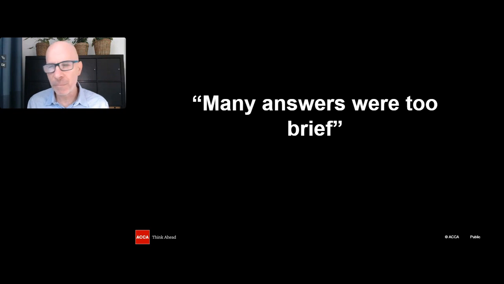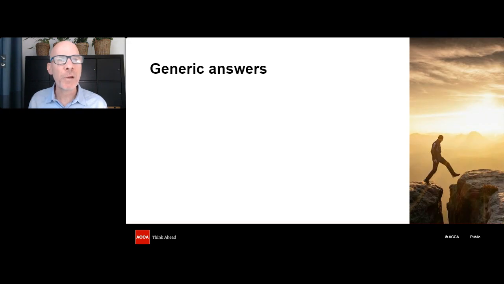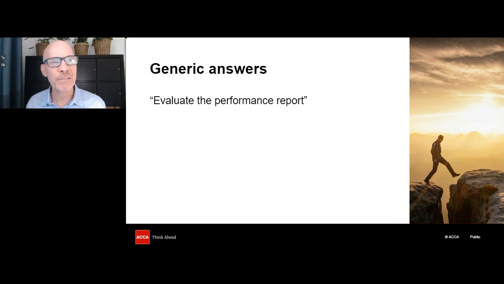It's impossible to reproduce a document written to the quantity and with the style that you find in the model solutions, okay? But we can still get a comfortable pass with half the number of words. So let's begin by avoiding generic answers.